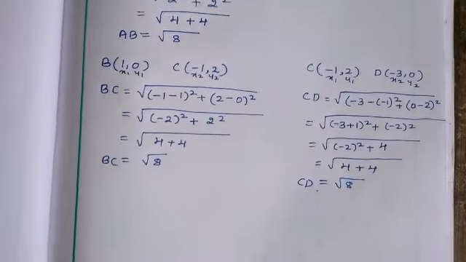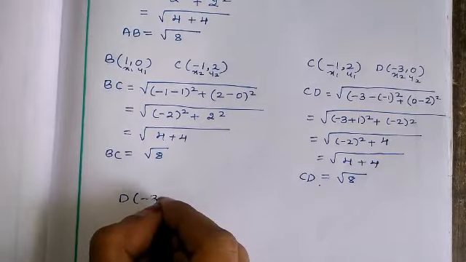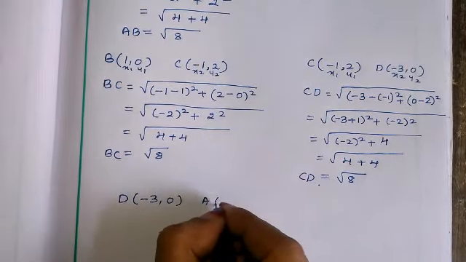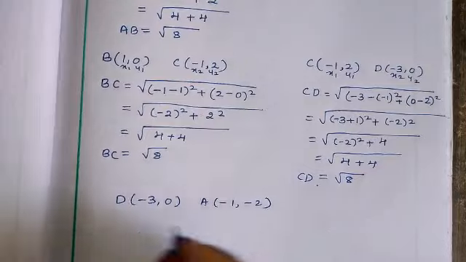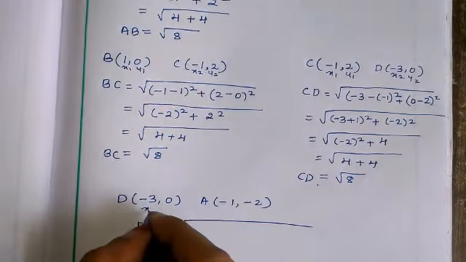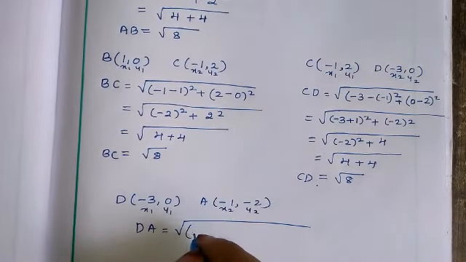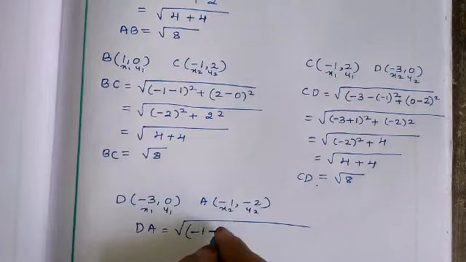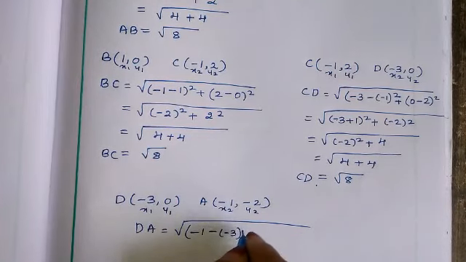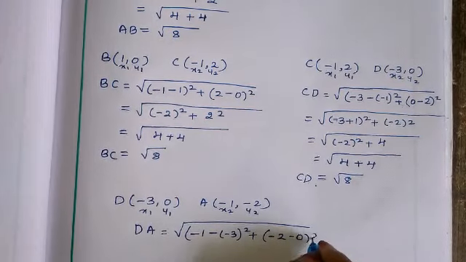CD. Last is now DA. D point is (-3, 0). A point is (-1, -2). So DA. Root of x1, y1, x2, y2. So x2 is minus 1, x1 is minus 3, plus y2 minus y1.